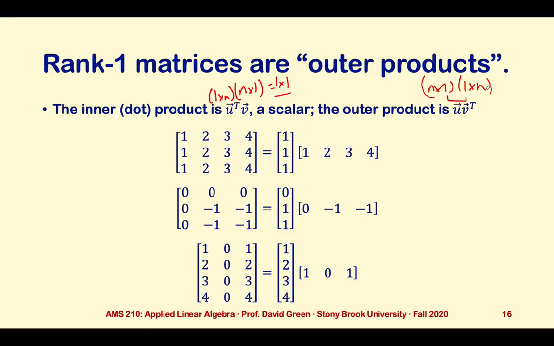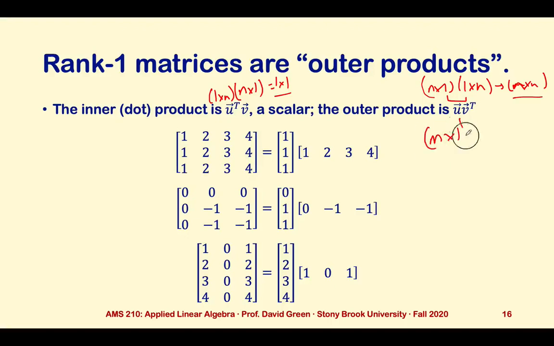They cancel out, leaving us with an n by n square matrix. For the inner product, this only makes sense if the two vectors were of the same length, because we needed these inner dimensions to match. For an outer product, that isn't necessary.